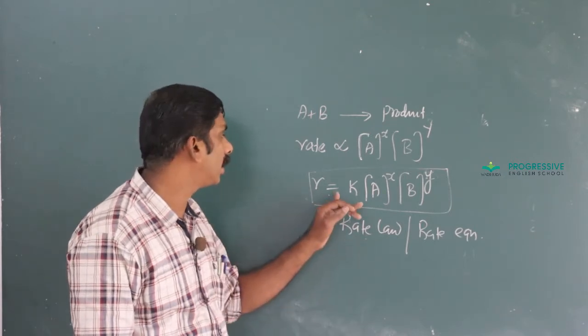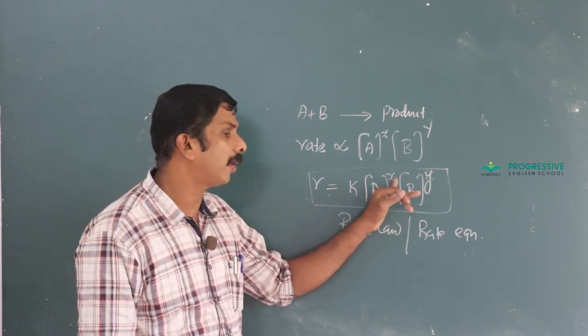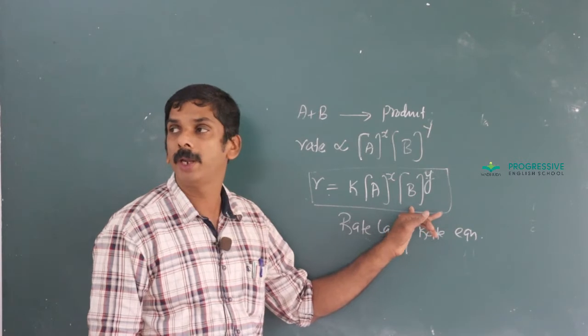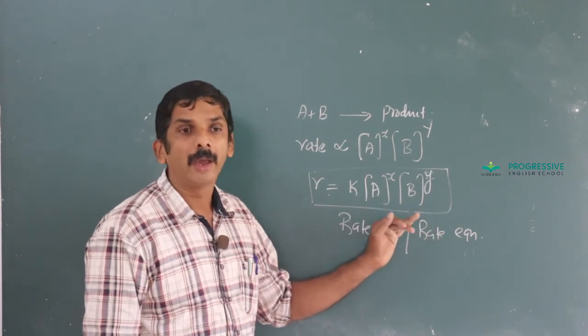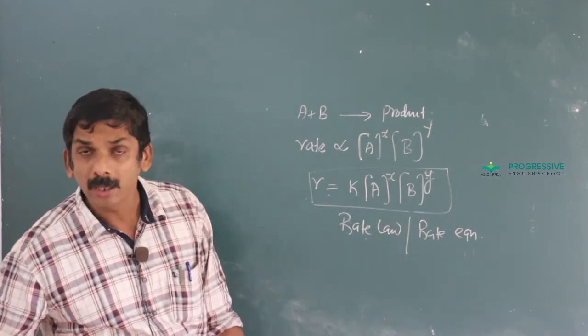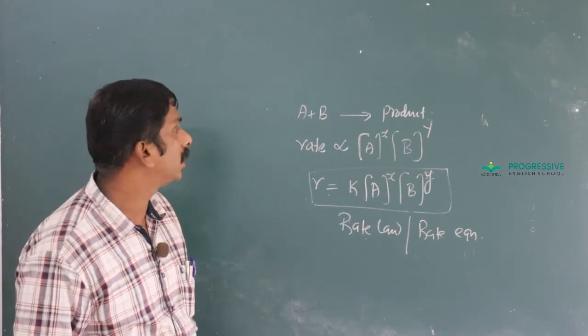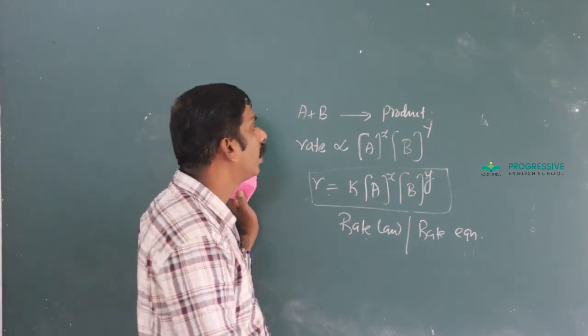Here it can be seen that the concentration of A depends upon X and the concentration of B depends upon Y, and X and Y are the powers of concentration of reactant.